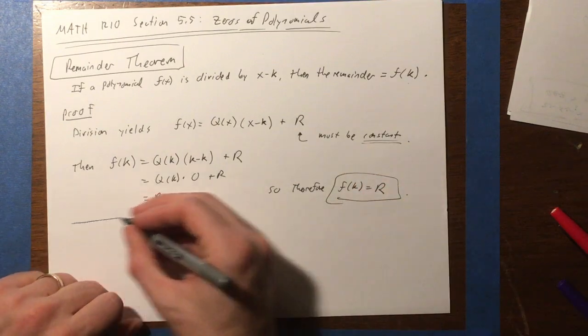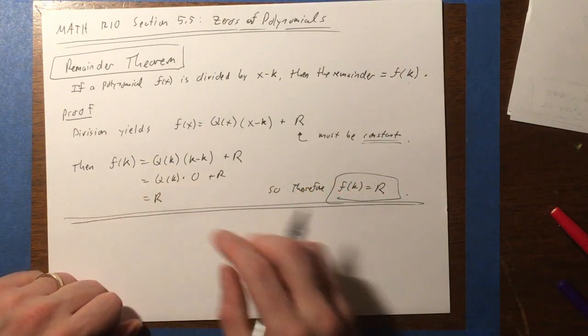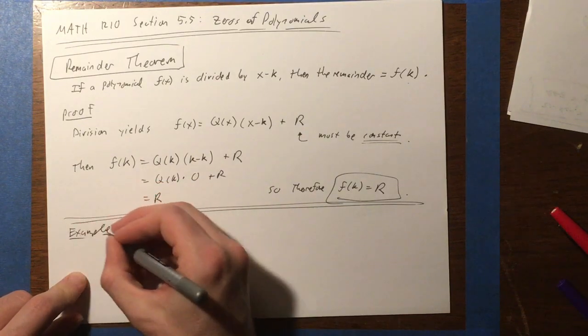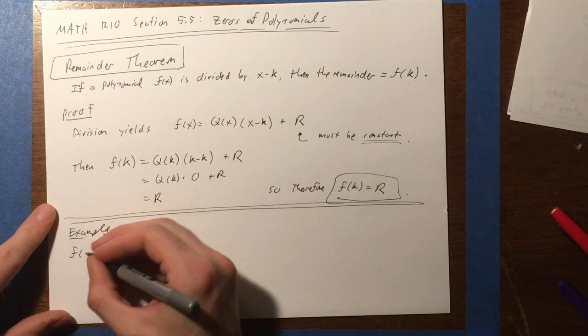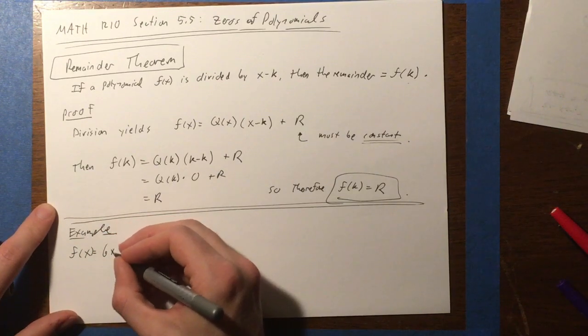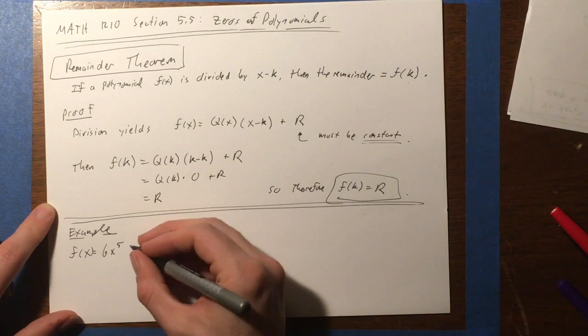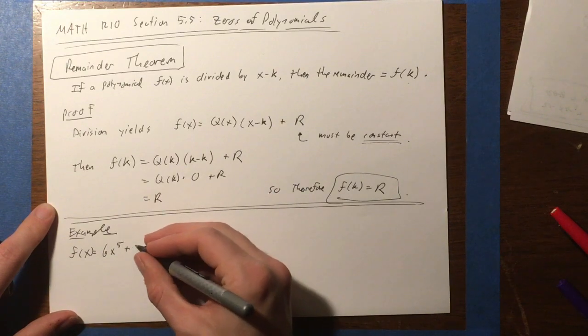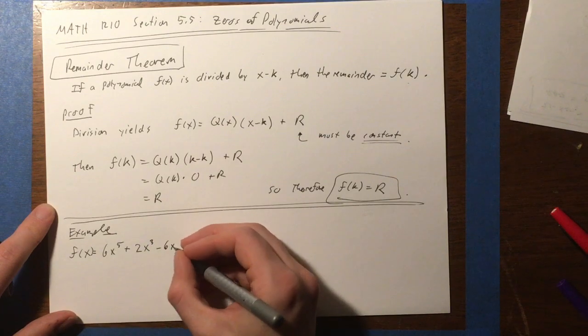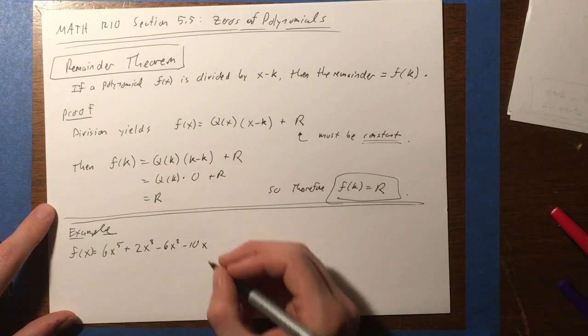So why is this useful? Well, let's do a quick example. Let's say you take the function f of x equals 6x to the power 5 plus 2x cubed minus 6x squared minus 10x.